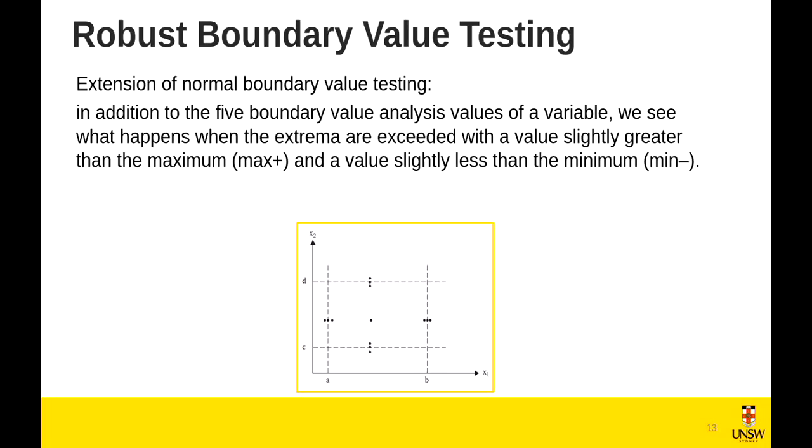Just now all the dots were either on the boundary or within the valid area. But now we have 4 more dots that are outside the boundaries. This is the second type of boundary value testing. As you can see, we have 2 more types of values included in our test inputs.